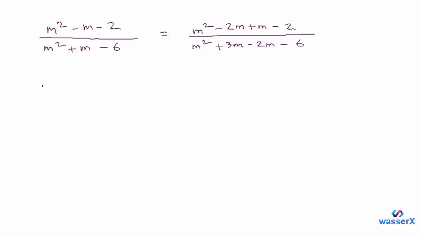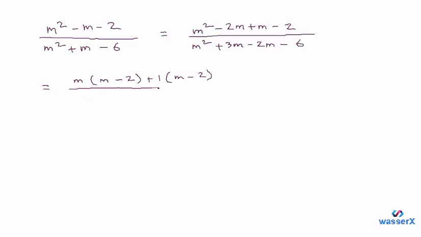Okay. Now time for us to pair them up and factorize. Common factor between these two is m, times m minus 2. Common factor between these two, if there's nothing, remember, 1 is always a common factor between two numbers. So we have plus 1 times m minus 2 again.